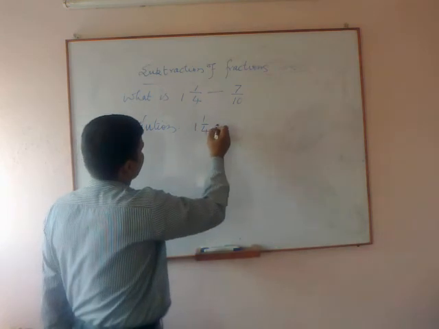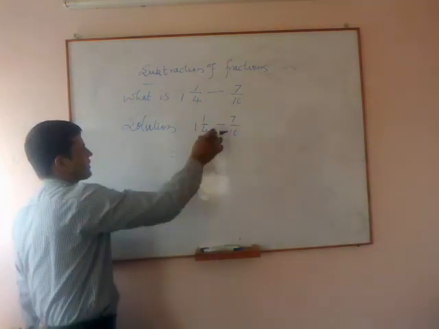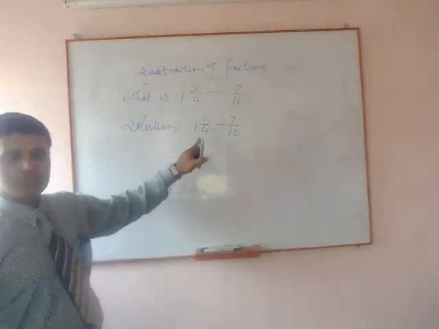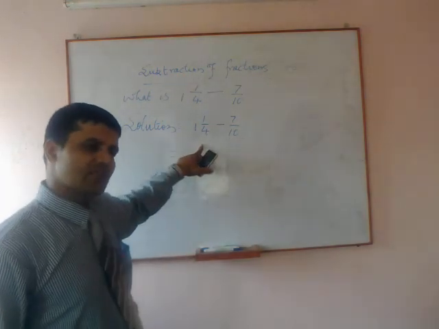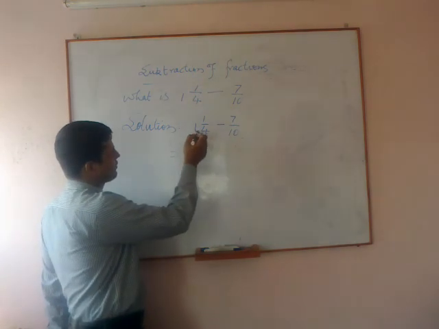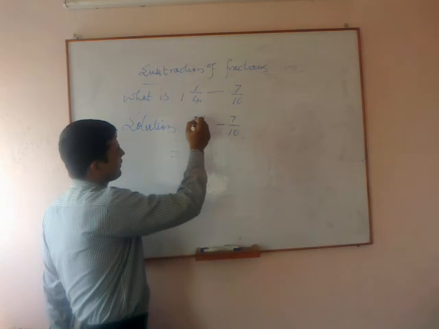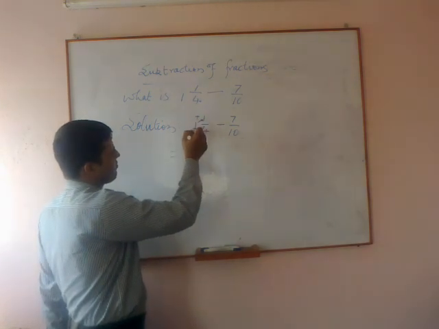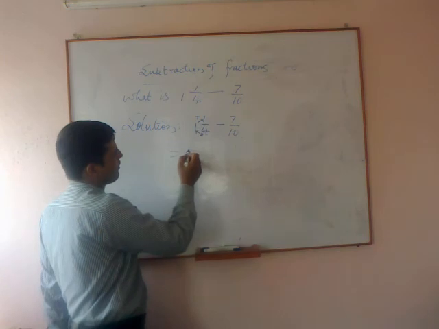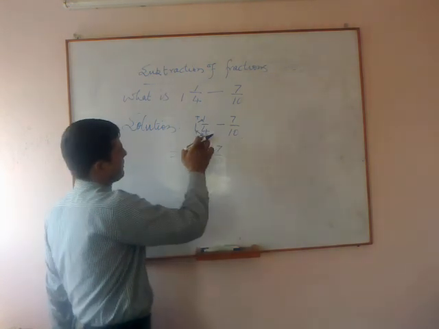1 1/4 minus 7/10. This is a mixed number, so the mixed number needs to be changed. We multiply these two, 4 times 1, then we add this one, 4 times 1 plus 1, that is 5. 5/4 minus 7/10.